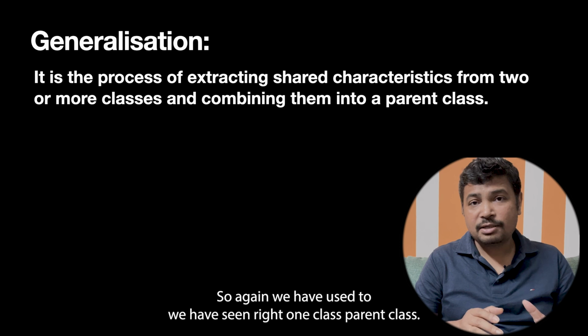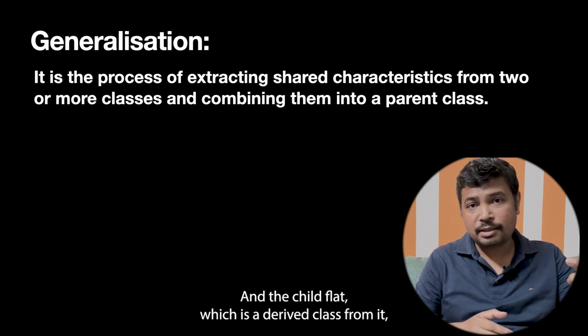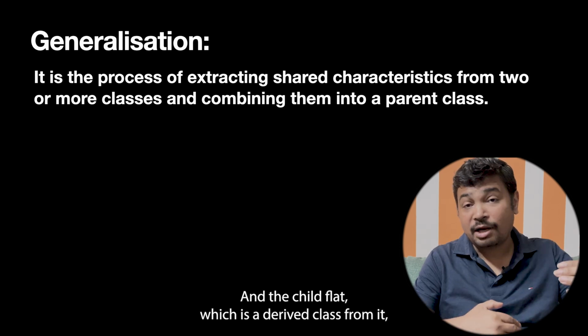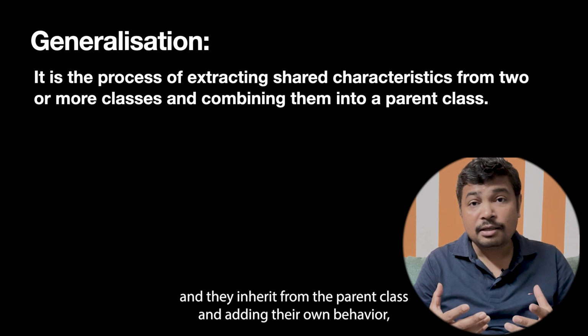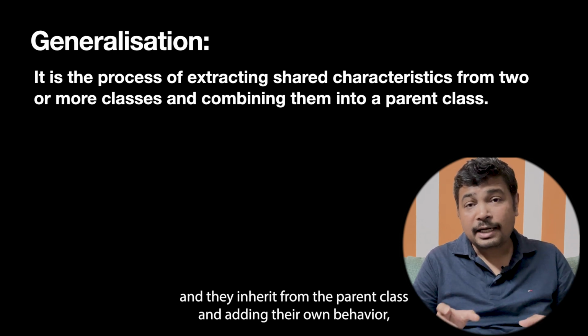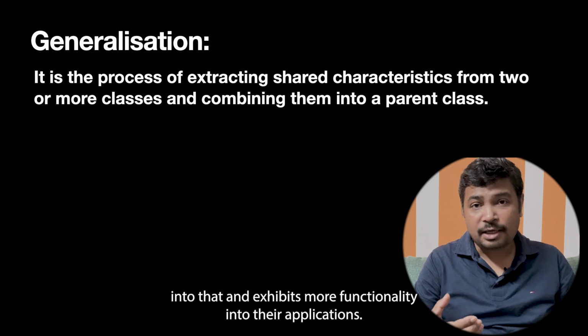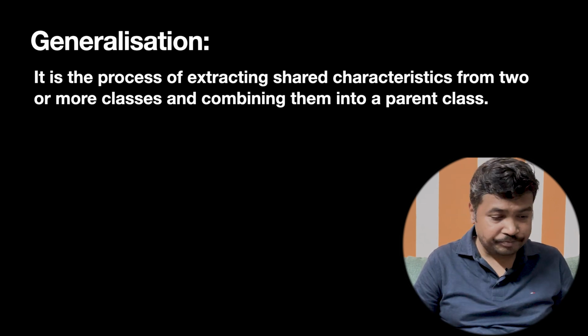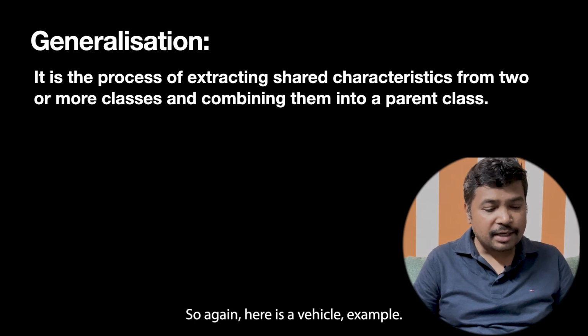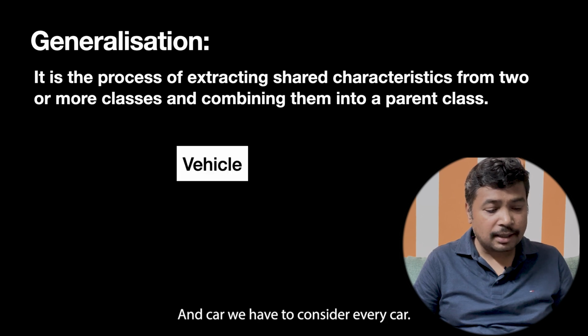We have seen one parent class and the child class, which is derived from it, and they inherit from the parent class, adding their own behavior and exhibiting more functionality in their applications.